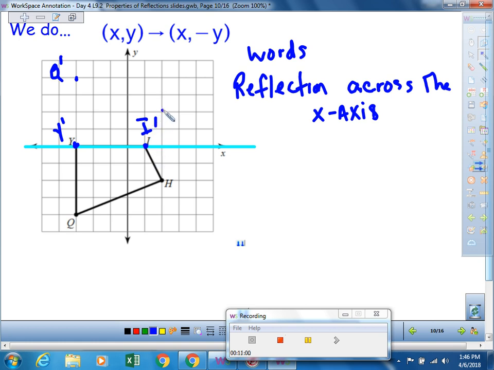The biggest mistakes I see, again, from the homework were going across the wrong axis and not labeling.